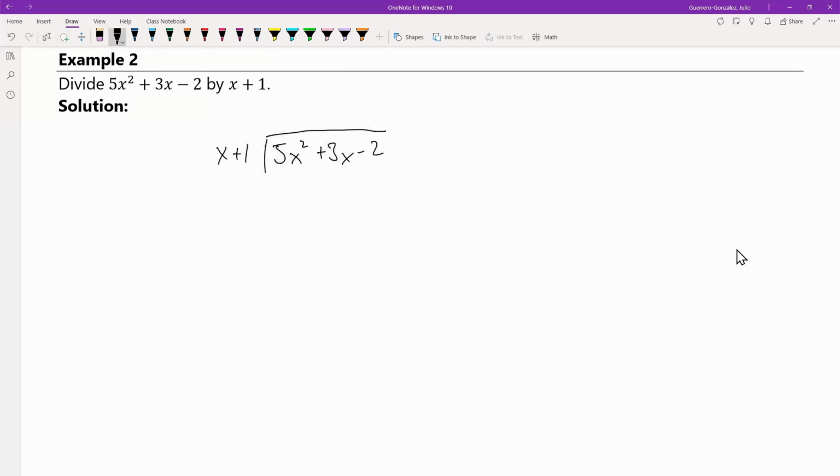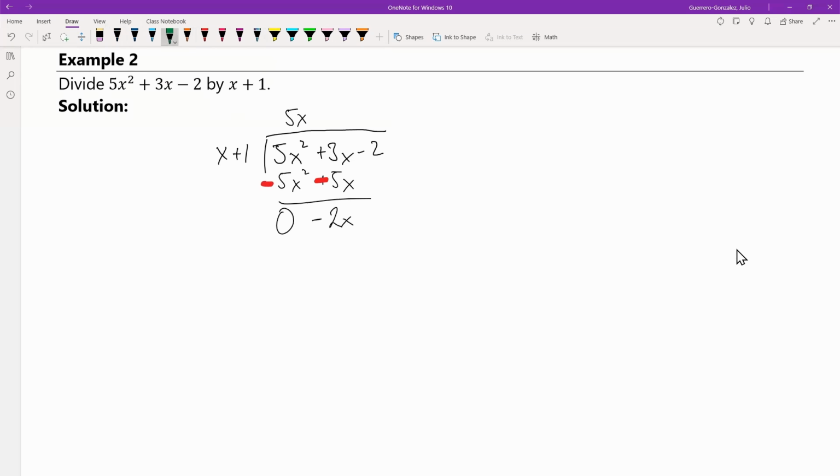Okay, x goes into 5x squared how many times? 5x times. So it's going to be 5x squared plus 5x. We're at the step where we have to switch the sign, so minus minus. This is going to be 0. 3x minus 5x, that's going to be minus 2x.